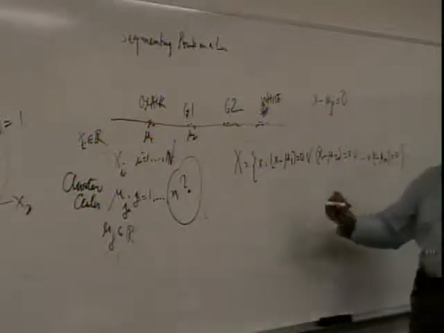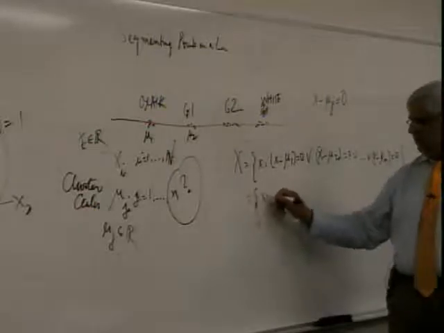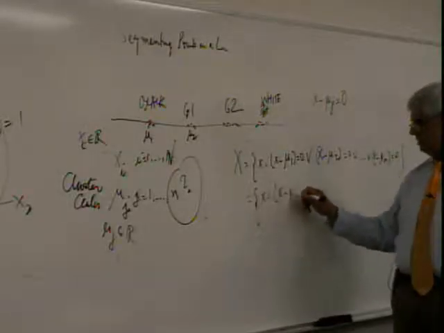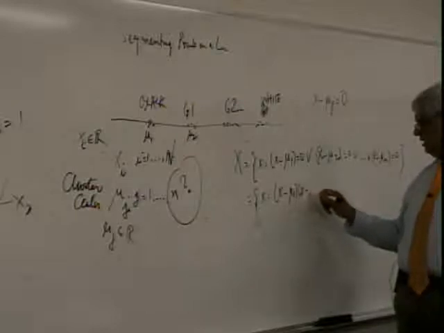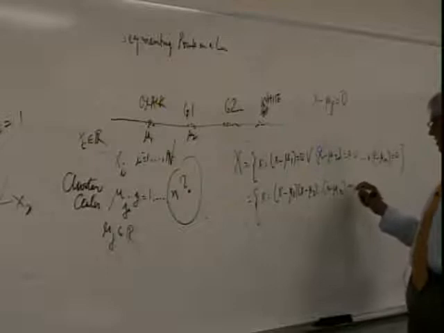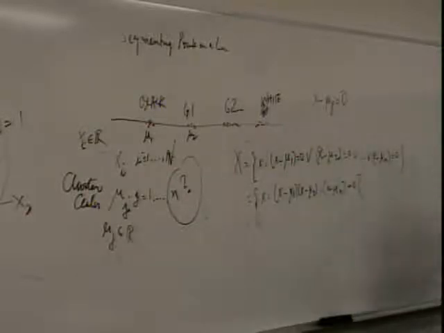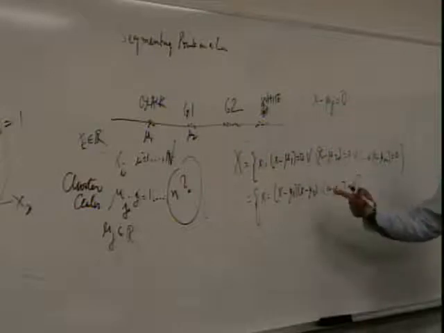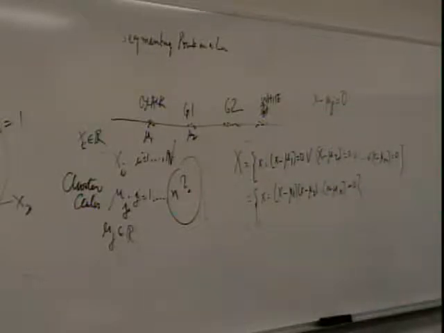The logical or in algebra terms just becomes a product. x minus mu1, x minus mu2, up to x minus mu n equals 0. If this has to be 0 or this has to be 0, it's as good as saying the product is equal to 0, and that's an if and only if. There's no change in notation from the notation we have in the book.